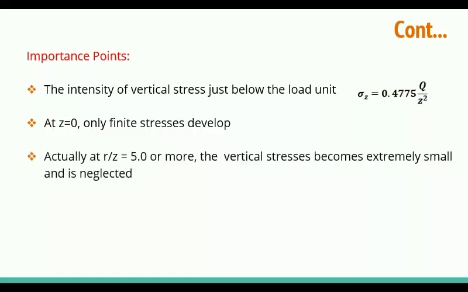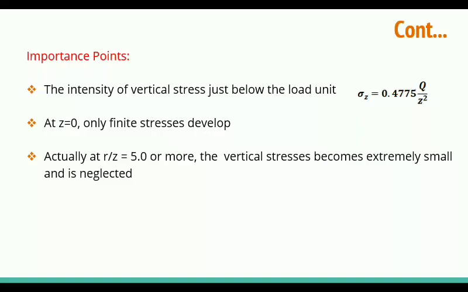So when you increase the r by z ratio, the Kb value or sigma z value is decreasing, and it tends to 0 as r by z goes to infinity. So in practical cases, when r by z is equal to 5 or more, the sigma z, that is the vertical stress, becomes extremely small and can be neglected.